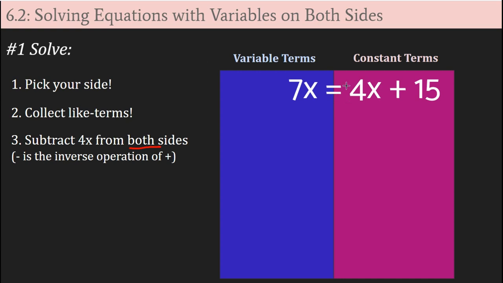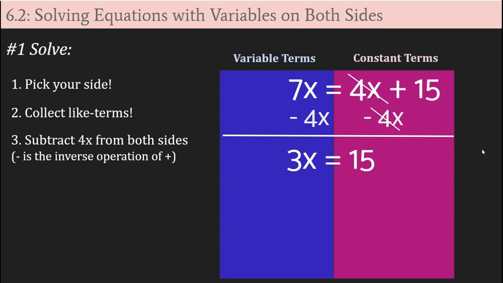Right now we have a positive 4x, and in order to cancel this 4x out and get a zero pair, we would need to subtract 4x. Once we subtract the 4x, we would be left with that zero pair. So we'll go ahead and calculate by subtracting the 4x from both sides of the equation.